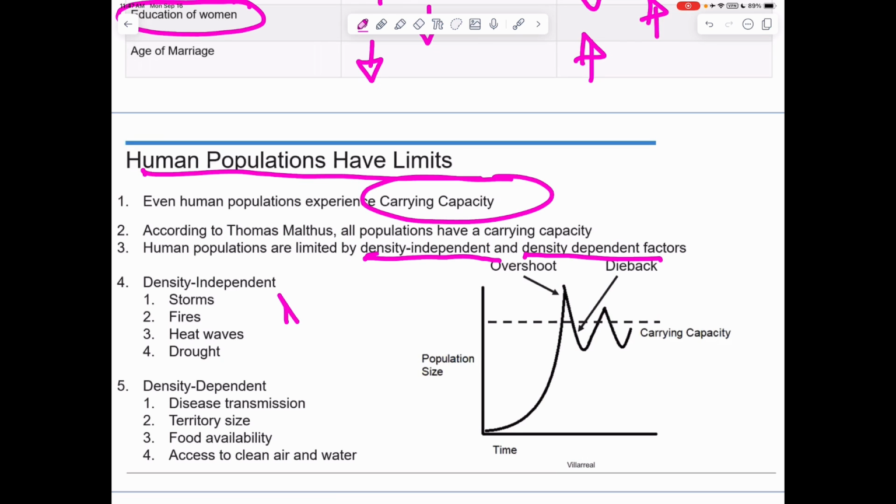So independent factors: storms, fires, heat waves, drought have a massive impact on the human population. And density dependent would be disease transmission, territory size, food availability, and access to clean air and clean water. Just like any other population, we can reproduce at our biotic potential, have an overshoot, back and forth until we get steady at our carrying capacity.